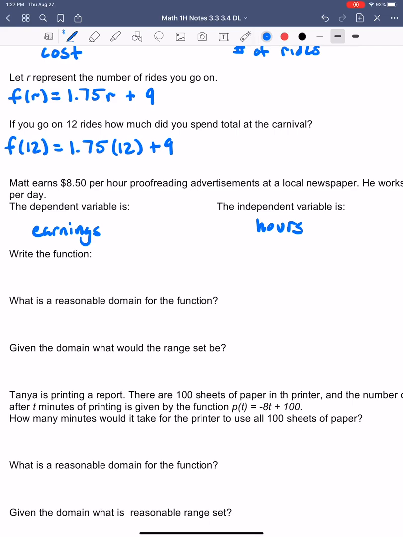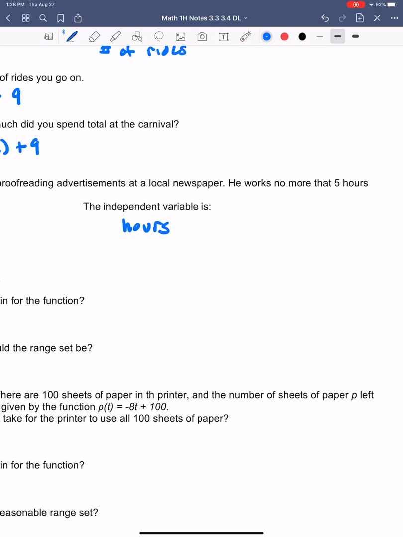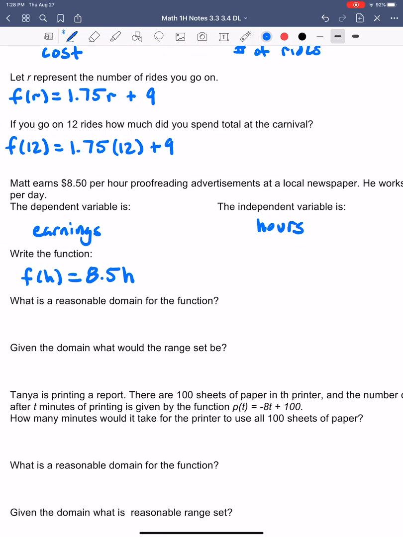It says write a function here, so we use some function notation. Okay, so I'm going to put F of H equals, all right, tells me $8.50 per hour, so that's 8.5 H. All right, and he doesn't get any other fees or anything like that, so it's just going to be 8.5 H.